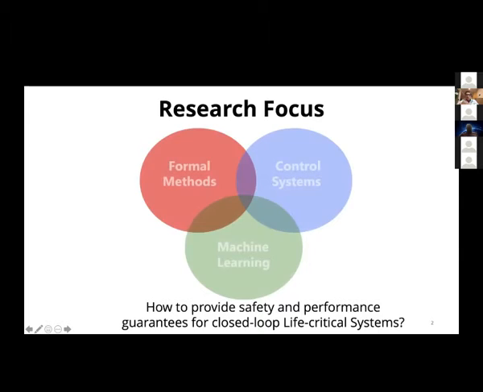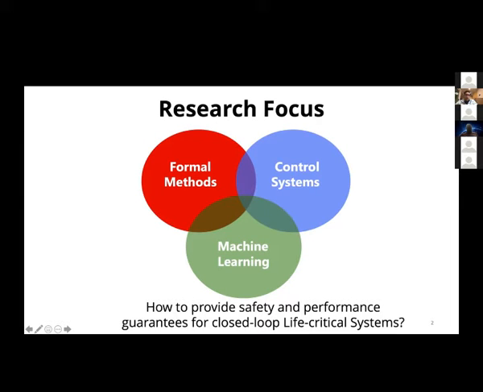So my research is at this intersection of applied formal methods, of how do we mathematically model systems to provide guarantees of safety and performance, control systems, and within the tools that we build, we use a lot of machine learning. So it is not so much of just applying machine learning to solve a problem, but it is really under the hood.